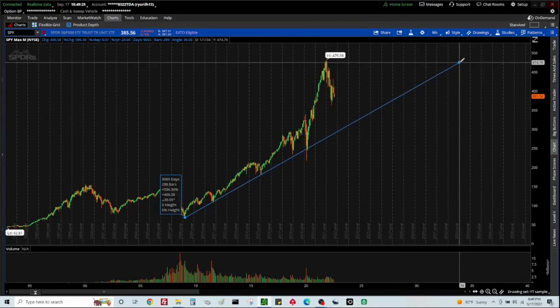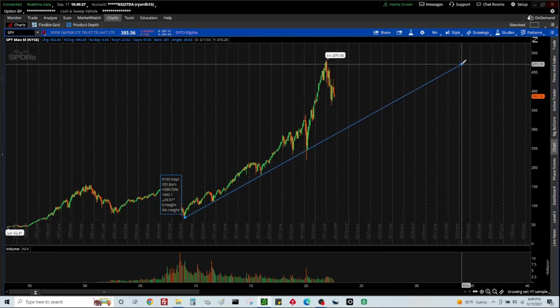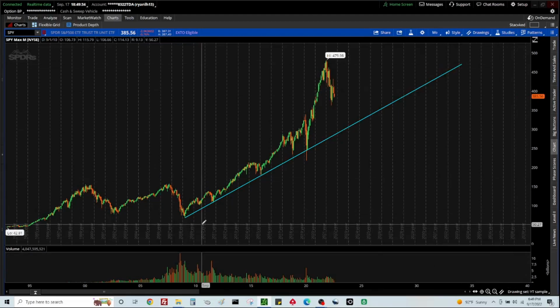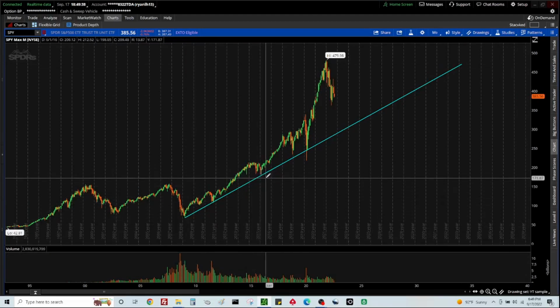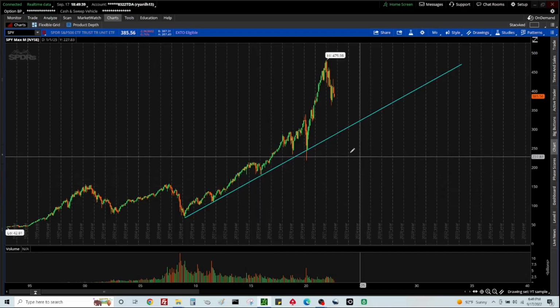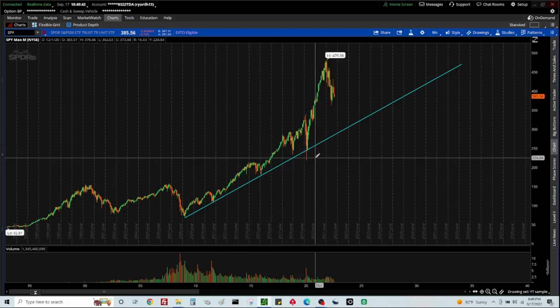And let's go. I want to incorporate as many supports as I can. So by doing this, I have one area right here, one area right here, about an area right here, and we have two areas right here where they bounced right off.